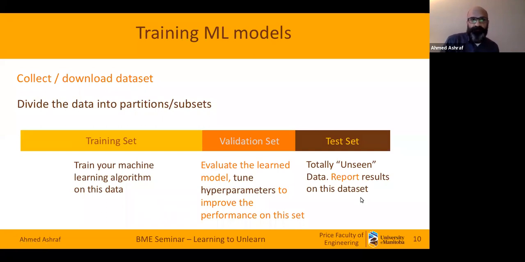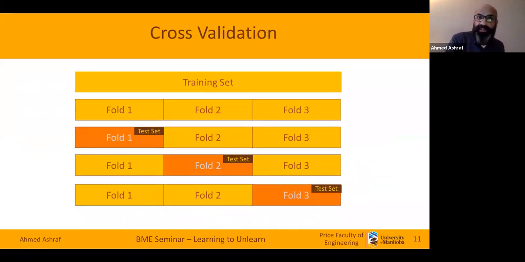Another option, if we have got smaller data sets, is something known as cross-validation. In that case, you still end up dividing your data set into partitions. Usually those partitions are referred to as folds. And you cycle through multiple iterations such that in each iteration, you select one of the folds and call it the test set, and you use the rest of the folds for training the model.